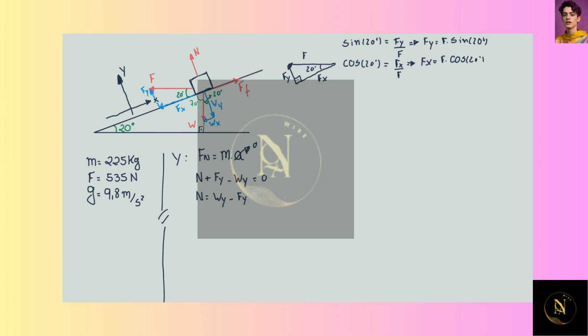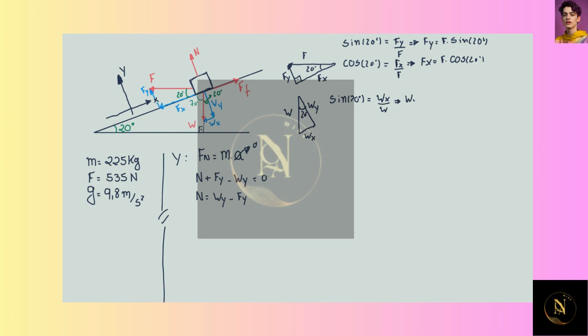Then, using this information, we can draw the triangle for the weight, which is as follows. So we have this side, and that side. This is the hypotenuse, this is the y component, this is the x component, and here we have a 20-degree angle. Then, using the sine of 20, we calculate the x component. So the sine of 20 is given by the x component divided by the hypotenuse.